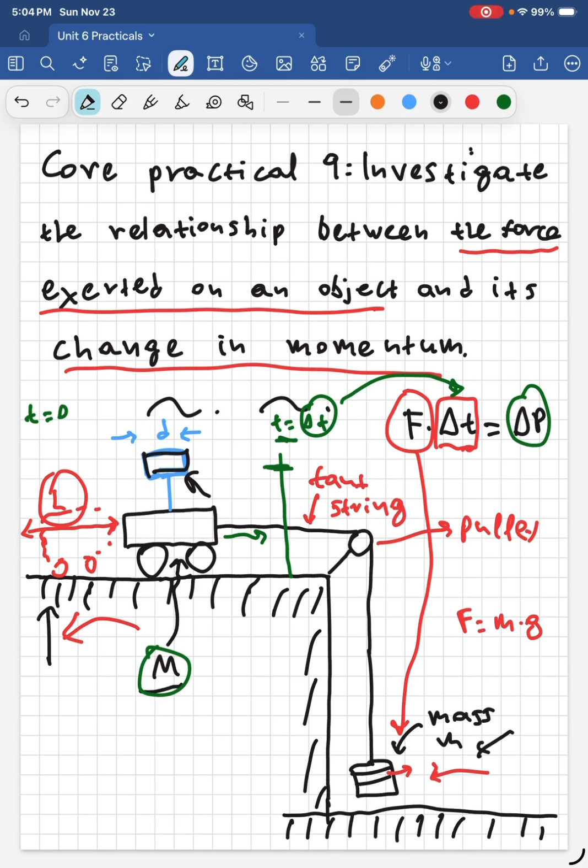And we will do this for multiple lowercase mass m, okay? So we will change the mass, measure delta t2 and delta t, and keep going until you have enough data points, okay? So, all right.